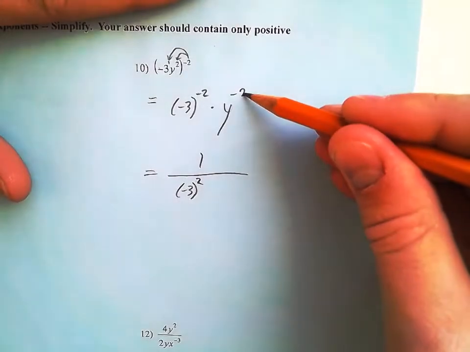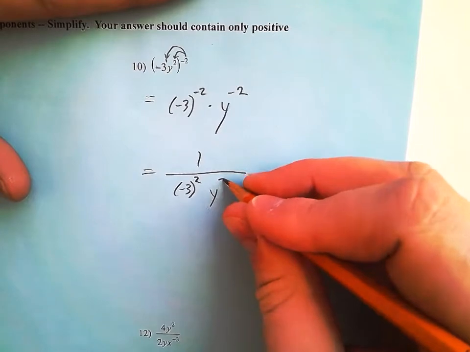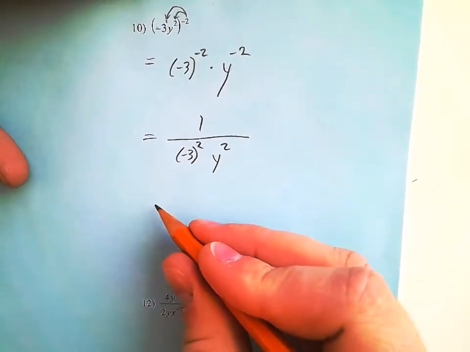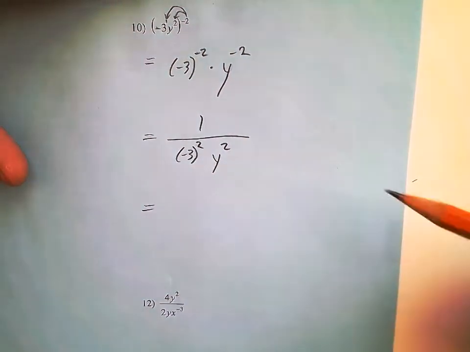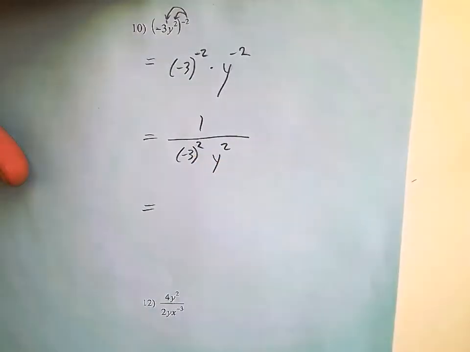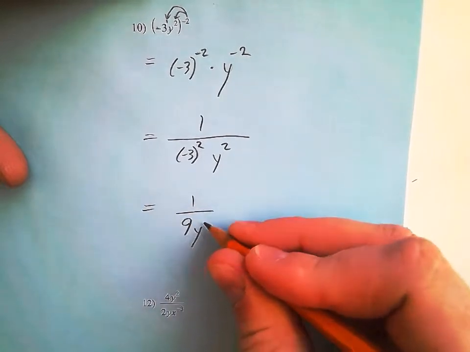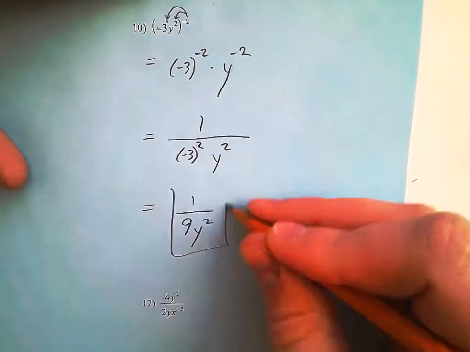Okay, and y to the negative 2, that means it's going to flip to the bottom and be y squared. And then there's a couple ways you could write that. Negative 3 times negative 3 is going to be positive 9. So 1 over 9 y squared is good.